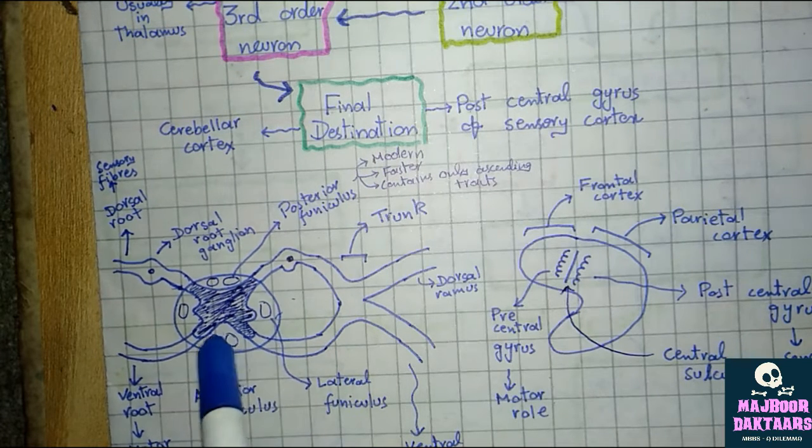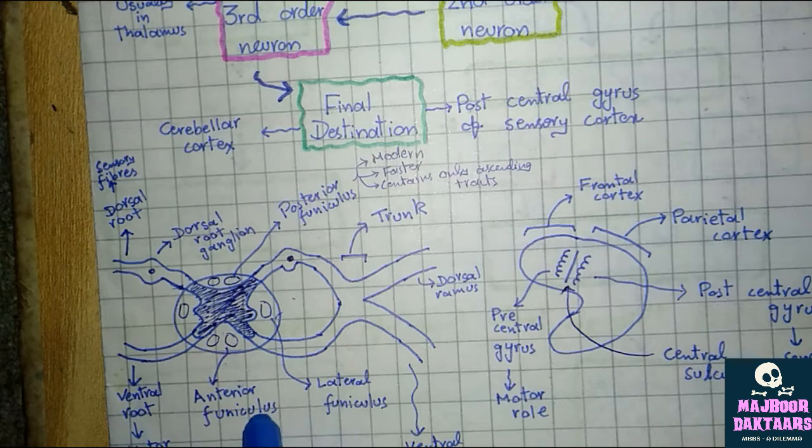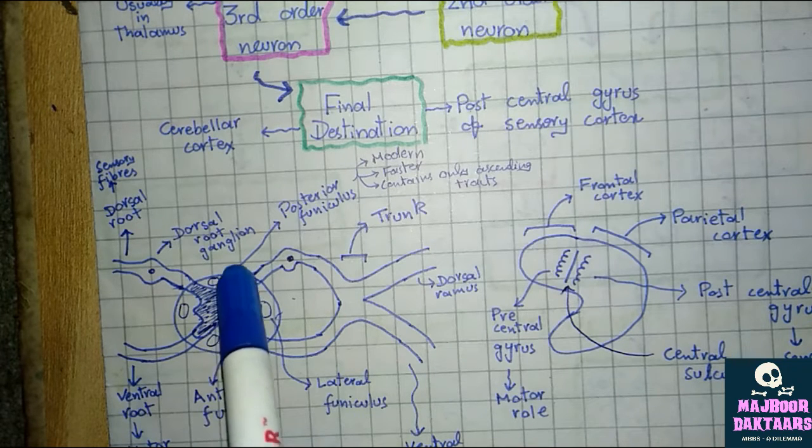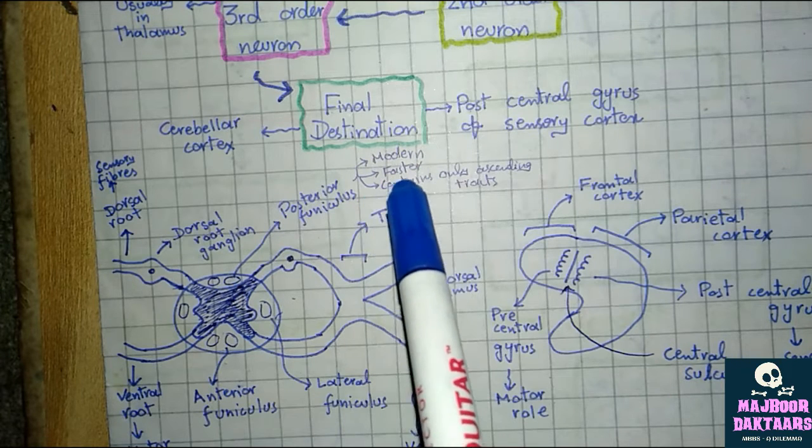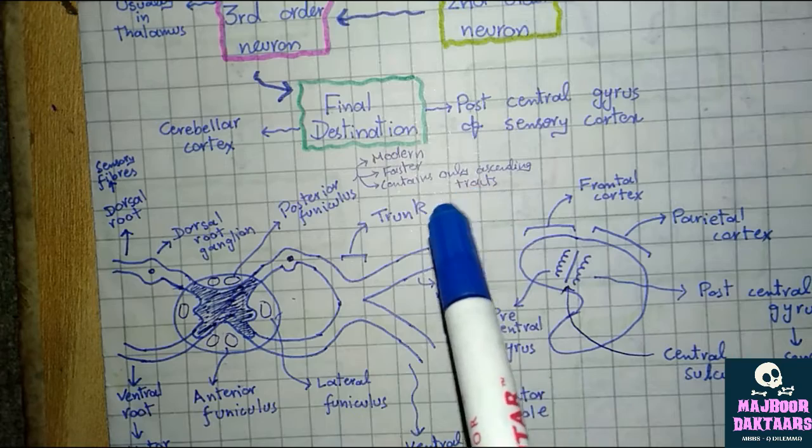The white matter contains the fibers and is divided into the anterior funiculus or anterior column, the lateral funiculus or lateral column, and the posterior funiculus or posterior column. A fun thing about the posterior funiculus is that it is modern, faster, and contains only ascending tracts.